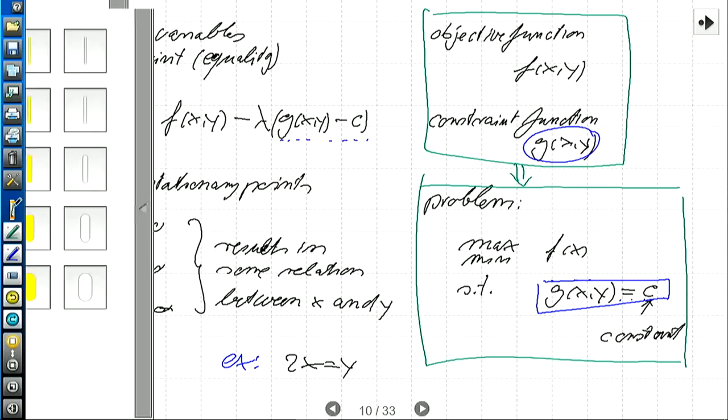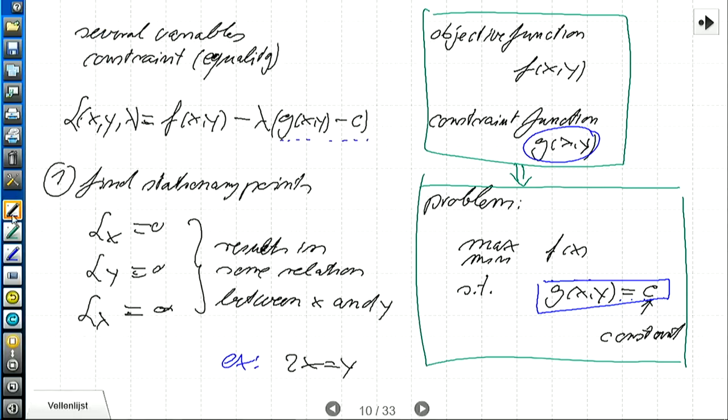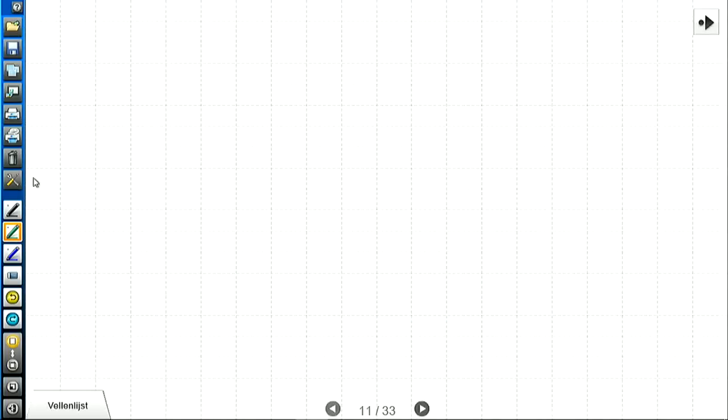And what do we do then? Insert in the constraint. I haven't much room to write here. Because while we do that, this we actually didn't use. So, out of that the following.